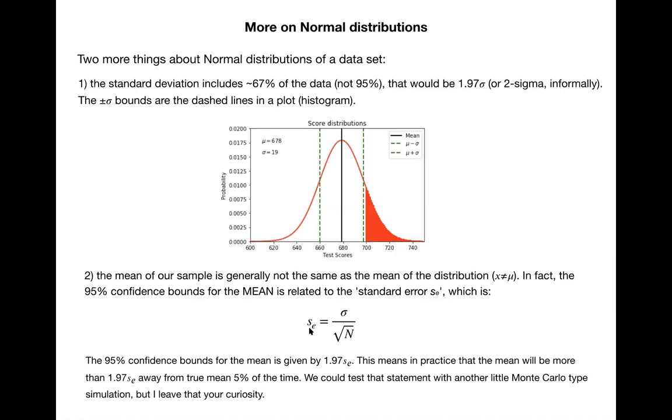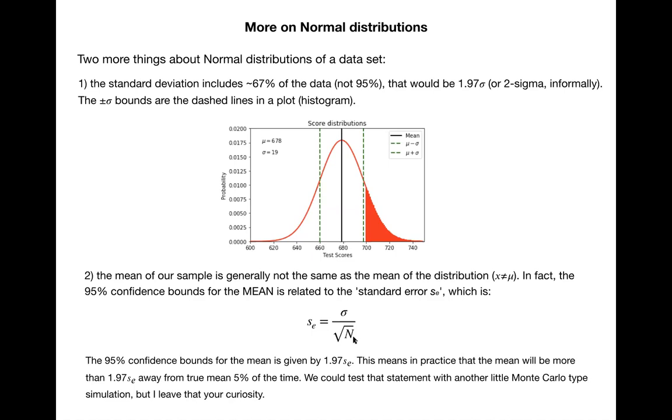So in that case, the mean of the sample equals the mean of the distribution, right? So now we can take the first property and say that the 95% confidence level of the mean is given by 1.797 SE.